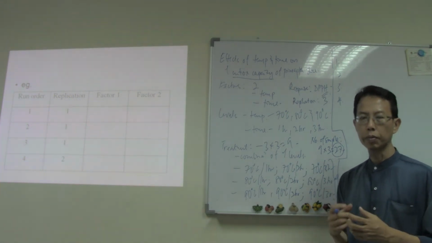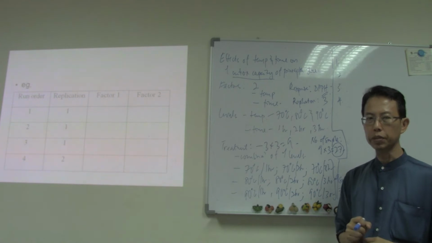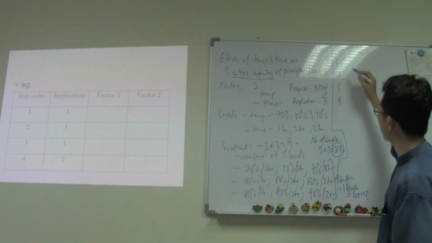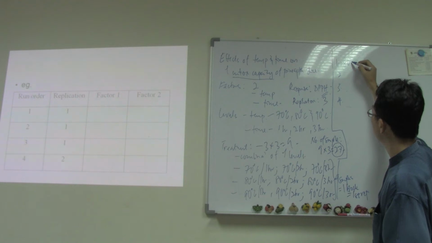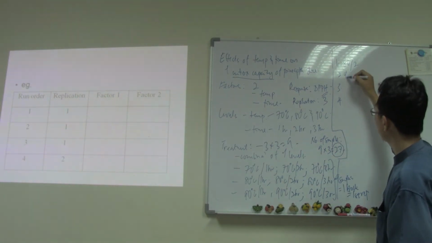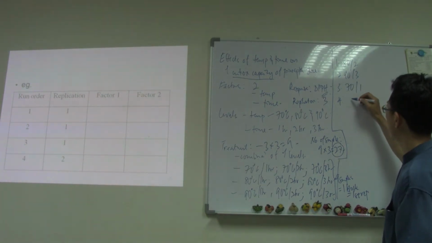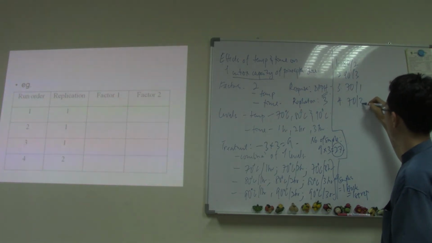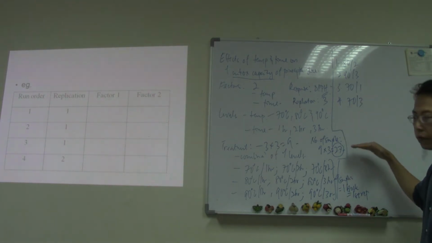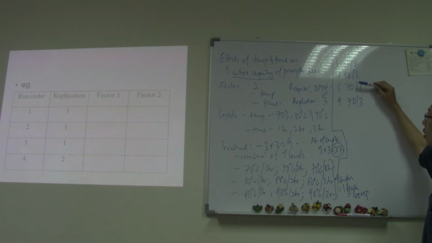Then we roll them up, mix them, and pick randomly. For example, we get 80 degrees C for 2 hours, then 90 for 3 hours, then 70 for 1 hour, then 70 for 3 hours, and so on until we have our 9 treatments. So this will be our run order.